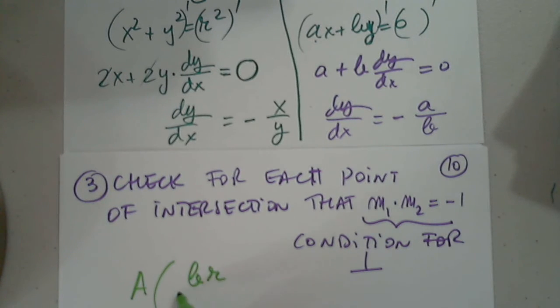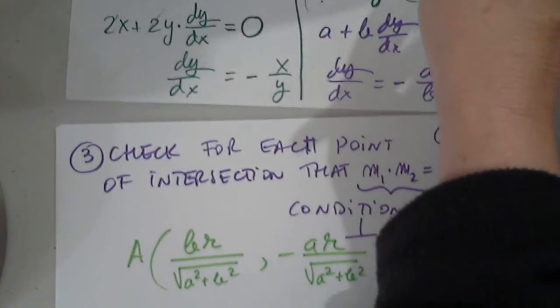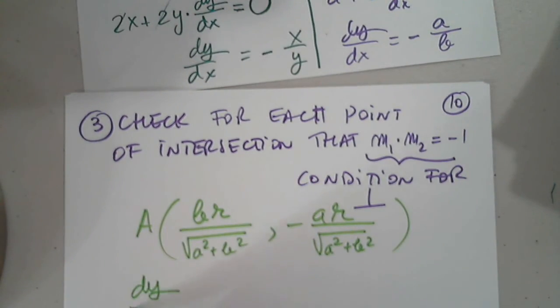has br over the square root, comma, negative ar over the square root, a squared plus b squared, a squared plus b squared. And also dy over dx for the first one. I'm just copying them so I can remove that page.